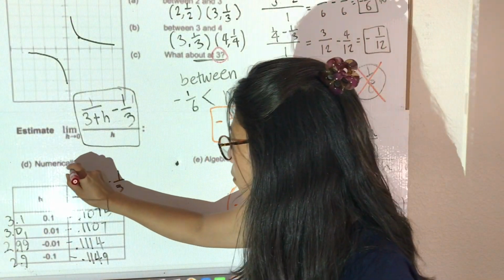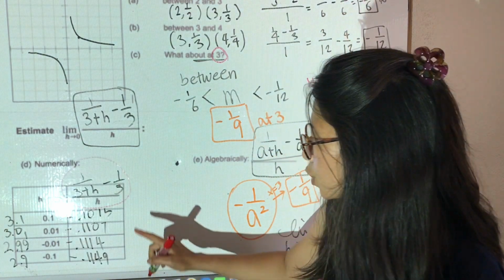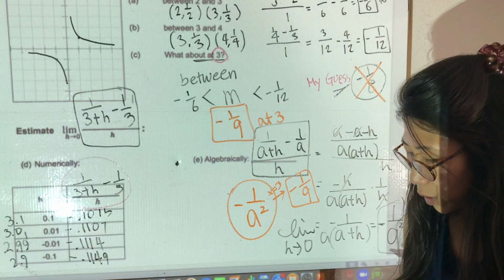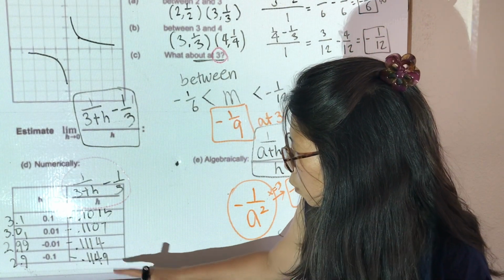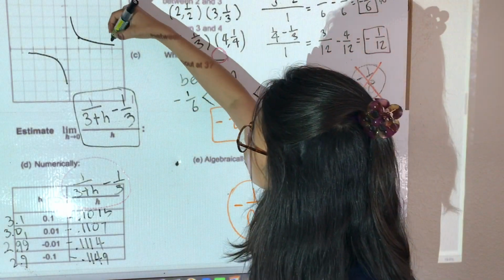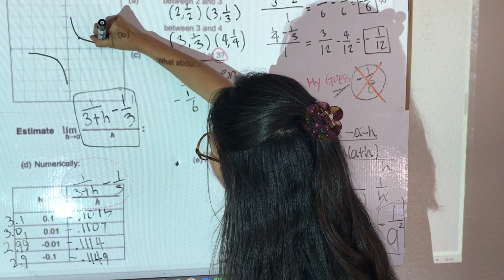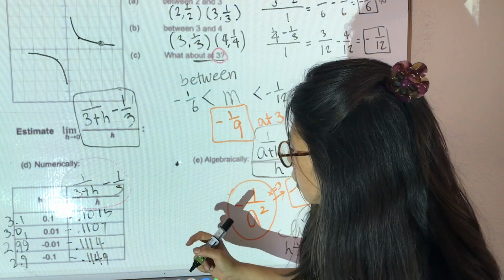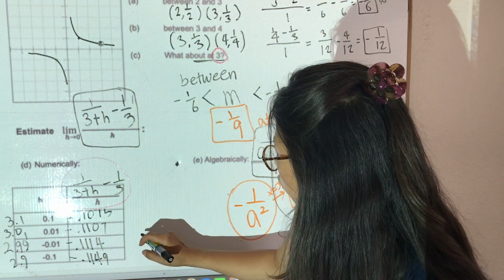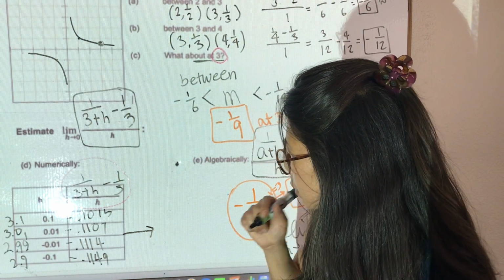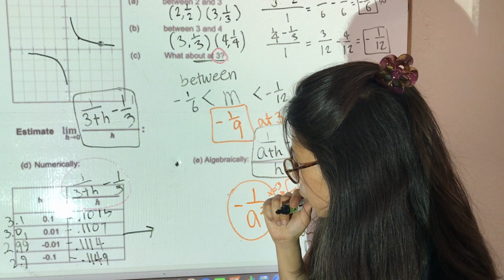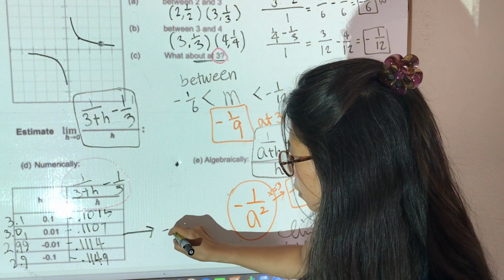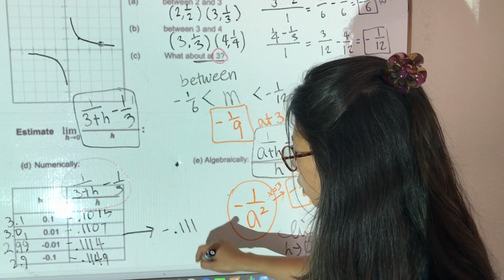Okay, by plugging my values of h into the rate of change, I got those 4 values. Then I'm looking at the slope at 3, and can you guess what you are getting? I see that the number is going to be about negative 0.111.